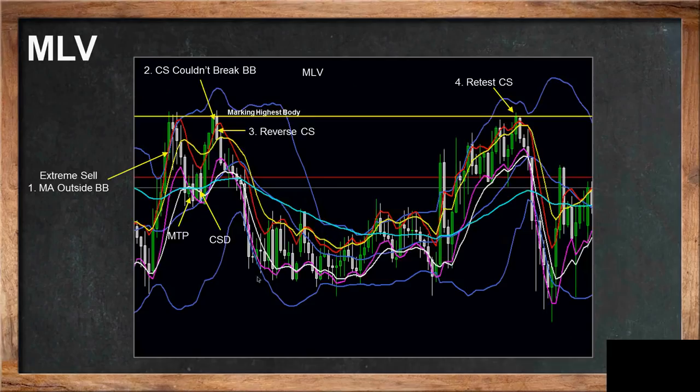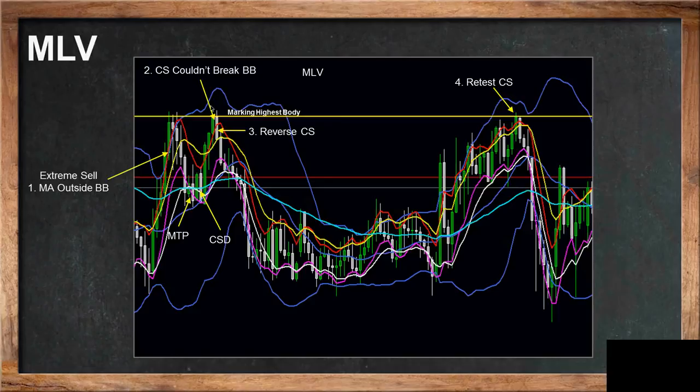However, this is the exact same market that happened earlier on. So you have extreme, mandatory take profit, the MLB happening here, but we're marking the highest body and waiting for the retest. And obviously, if this is H1, it takes a lot of days until there's a retest.